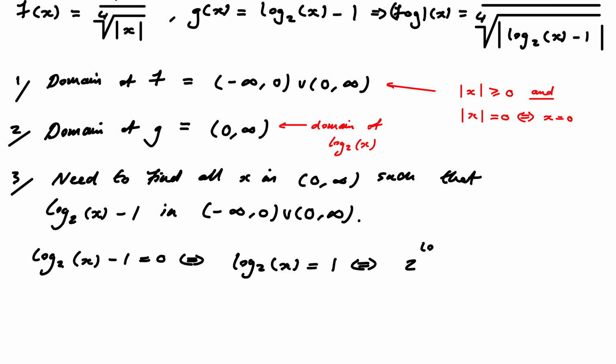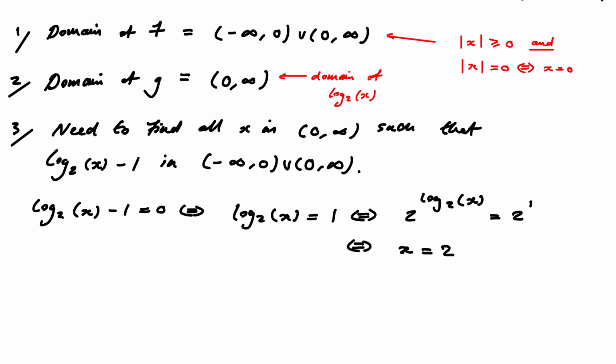So 2 to the log base 2 of x would be equal to 2 to the 1, of course. I'm doing that because it's going to cancel off. So this is if and only if x is equal to 2. So that's the only problem point, really, at least in terms of the domain of f.